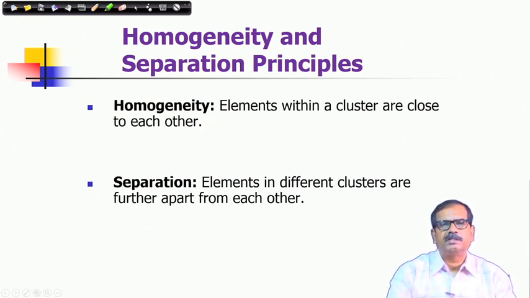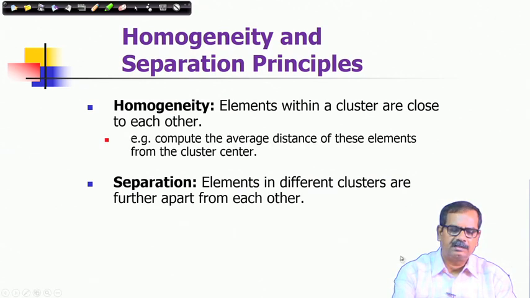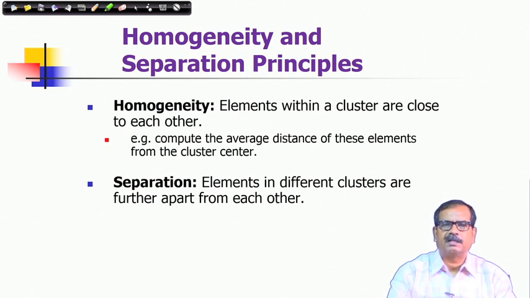The homogeneity and separation principles that we discussed when considering evaluation of clusters are derived by a technique. Homogeneity, as I mentioned, means elements within a cluster should be close to each other, and for example, you can compute the average distance of these elements from the cluster center.